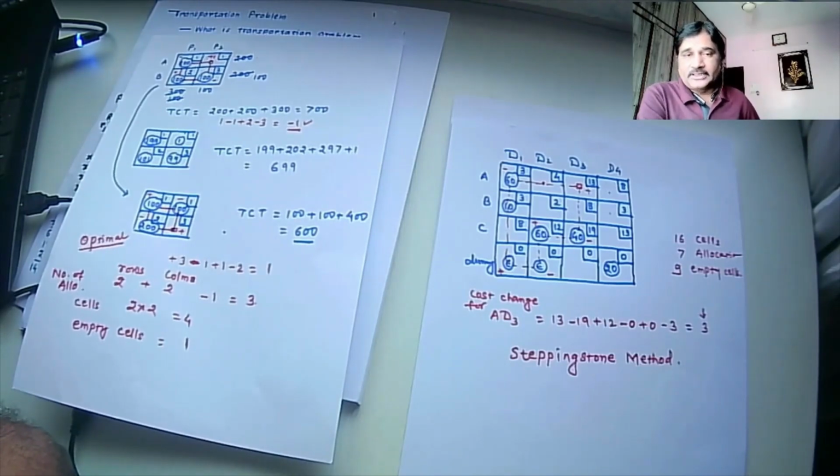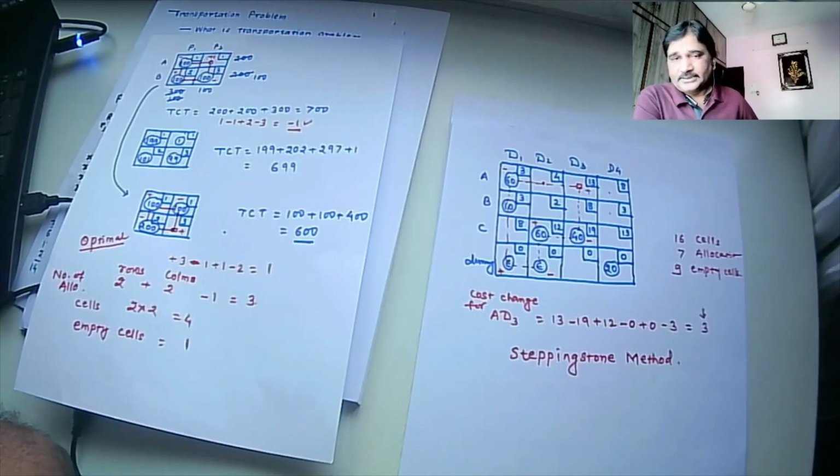If we do not get that many allocations by this method, we may be getting 7 allocations or less. In no case by any of these three methods will we get a number of allocations greater than 7 in this case, or greater than m plus n minus 1 in general, right?